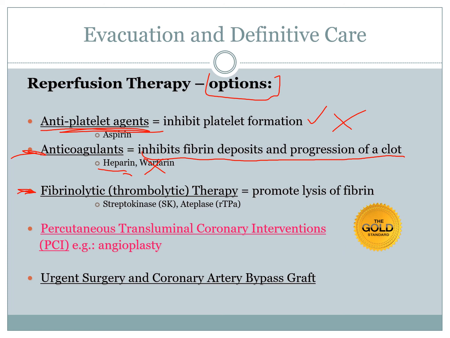Now your fibrinolytic or thrombolytic therapies, they actually promote lysis of your fibrogen. Okay, so the way they work is there's an enzyme in the body called plasmin, and that comes from your plasminogen, and that is used in order to break down fibrogen itself. So it's used if a clot gets too big, you don't need it.